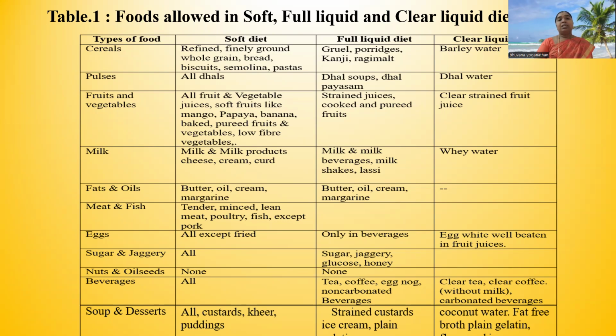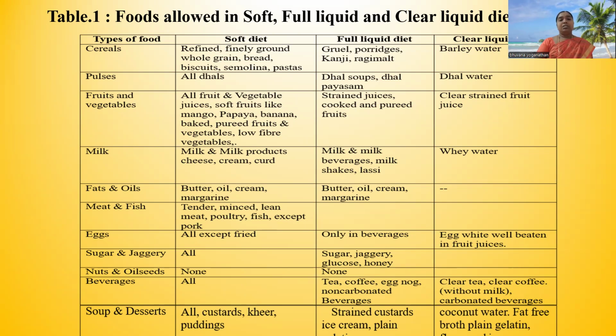Milk, milk products and milk beverages can be added in the full fluid diet, and whey water in the clear fluid diet. Butter, margarine, oil in the soft diet; butter, margarine, cream in the full fluid diet. Fat should be avoided in the clear liquid diet. In the case of meat, only the soft diet can allow tender meats, lean meat, poultry, fish, etc. For both the other cases, we should avoid meat and fish.